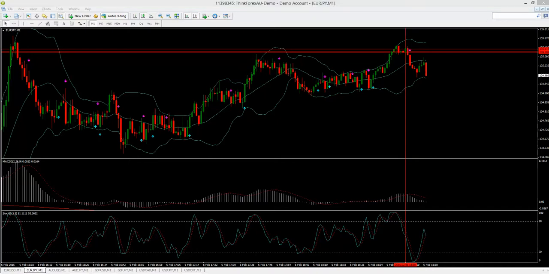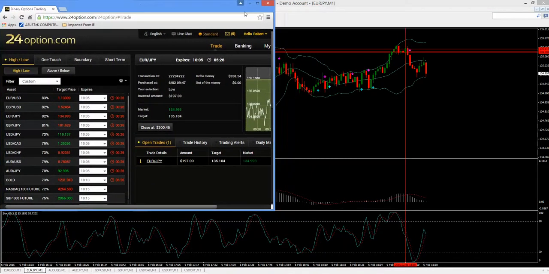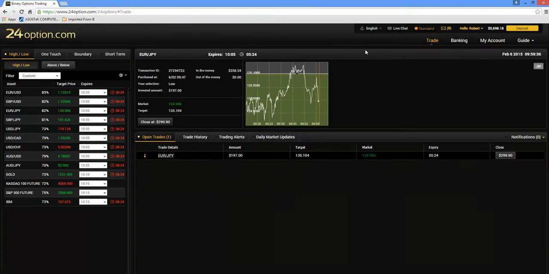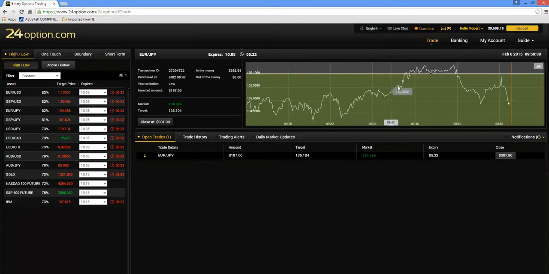Let's bring back that binary option and open up that. We bought a put, which means we are going short at 135.104, currently at 135.013. So we have about 10 pips profit in there. And it's moving around, and we have 5 minutes left.